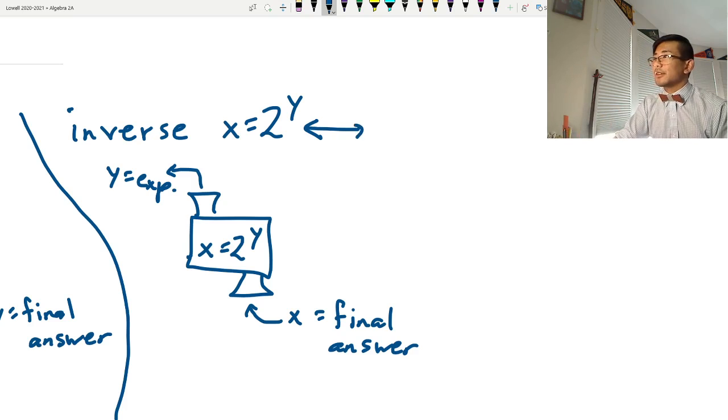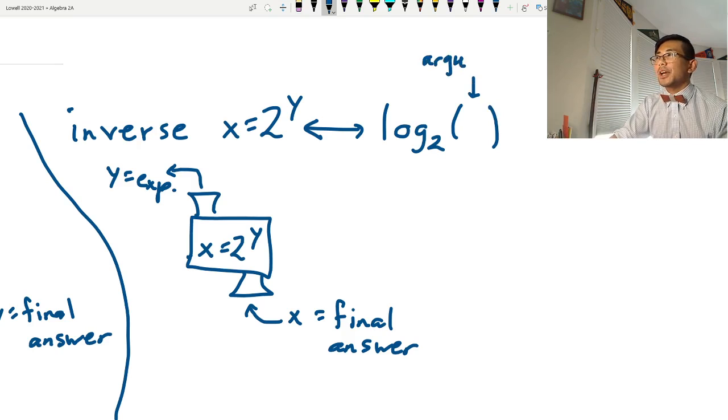It looks like this: log base 2, whatever the base of the exponent is, of x, and this is where the final answer goes. This is called the argument. Not really sure why it is called that, to be honest with you. Log base 2 of x equals y. That's all this says.